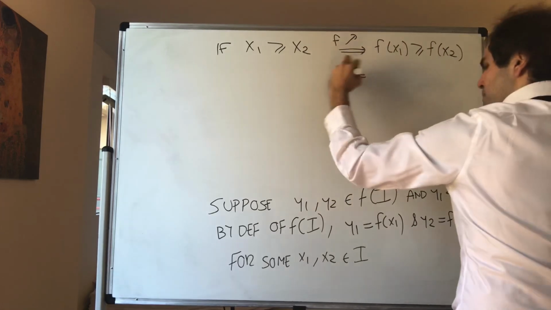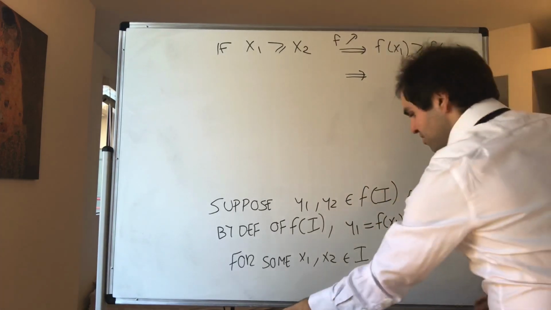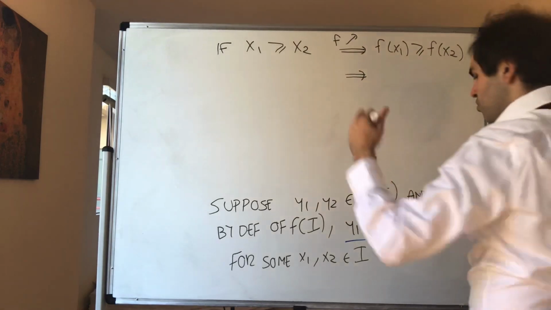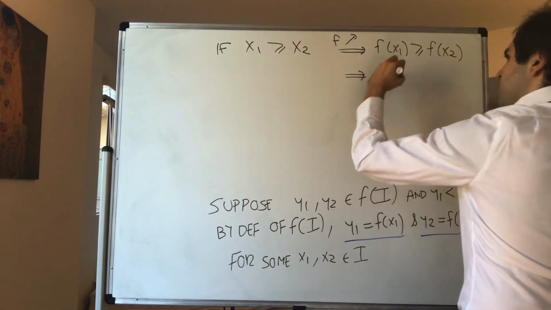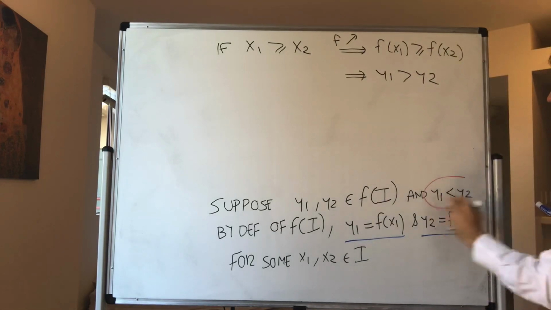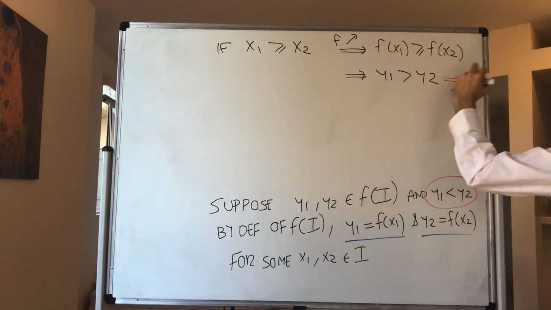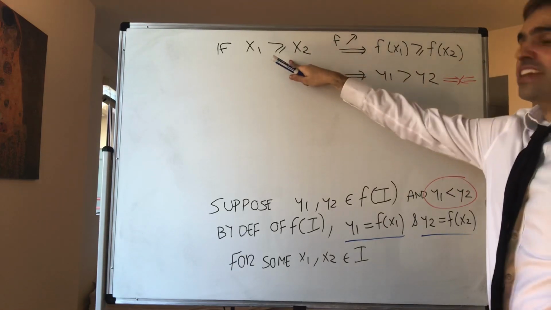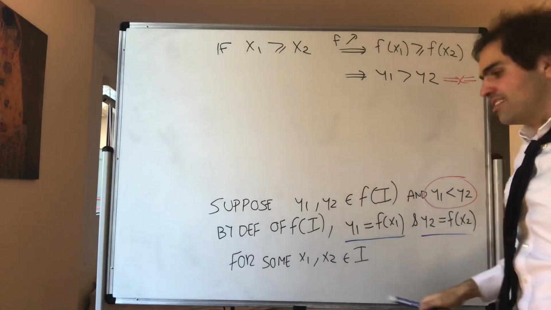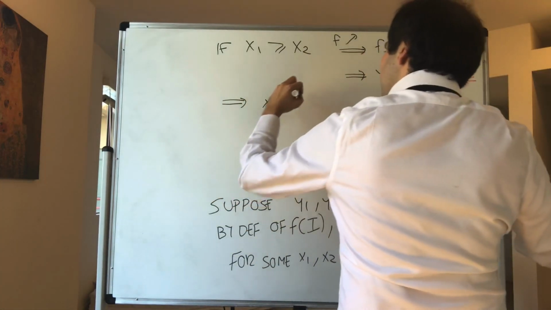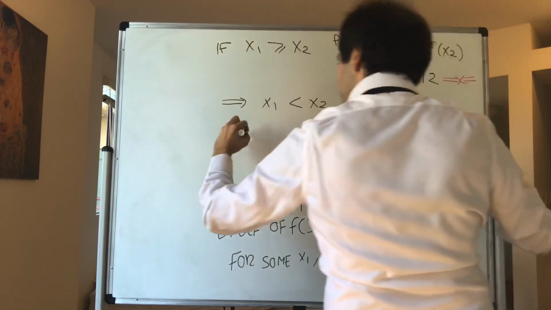But then by definition, this means that y1 would be greater or equal to y2. But this contradicts the fact that y1 is less than y2. Therefore, it is not the case that x1 is greater or equal to x2. Therefore, what we have is that x1 is less than x2.